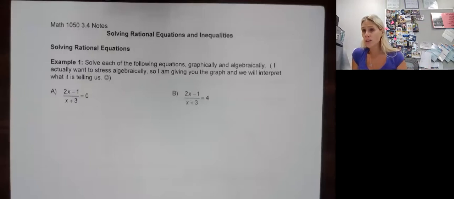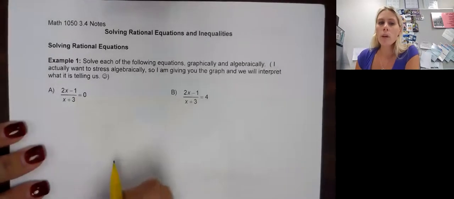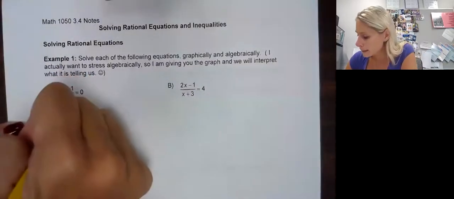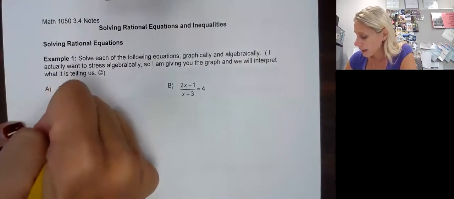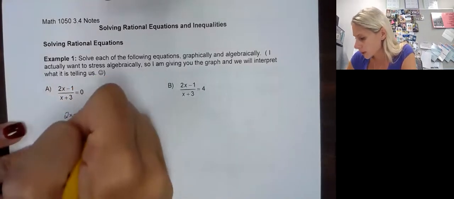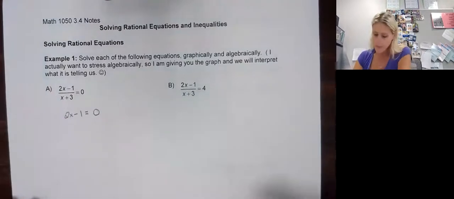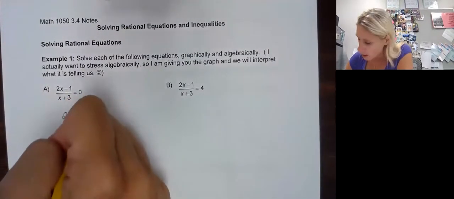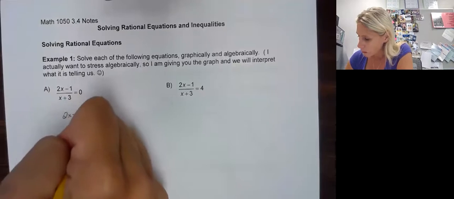So fractions are division. How do you move things around? We do the inverse operation, which is multiplication. So if I multiplied x plus 3 to both sides, I get 2x minus 1 equals, well, anything times 0 is 0. And then we solve all the way through, and we get x equals 1/2.